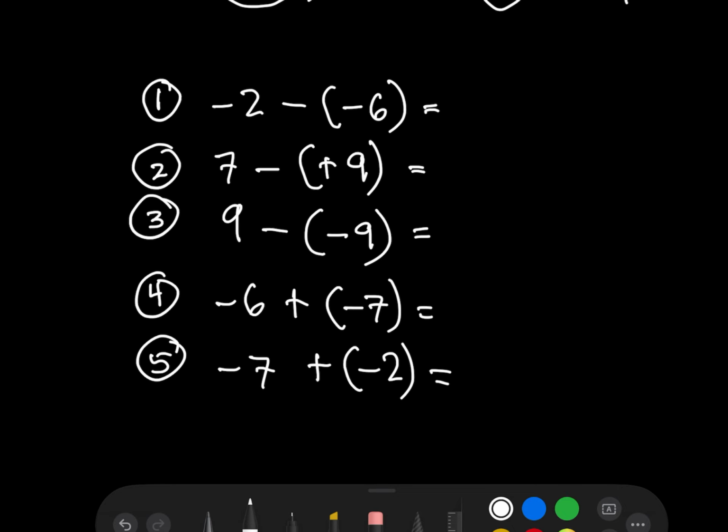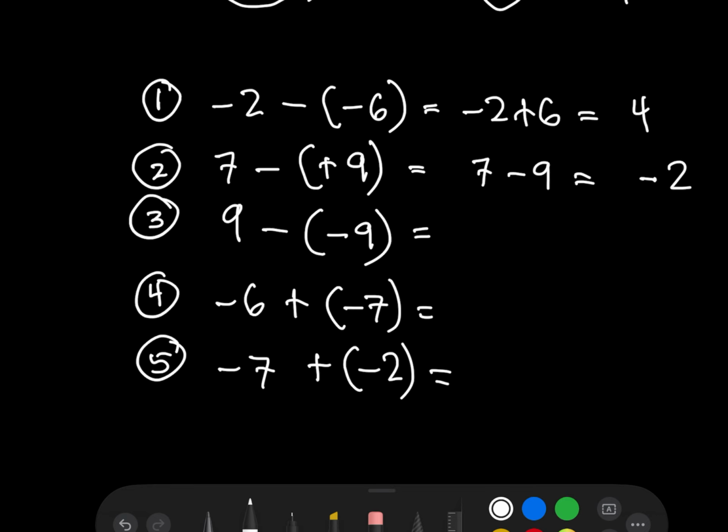Okay, let's check your answer. The first one will become negative 2 plus 6, and that is 4. Subtract the numbers, then copy the sign of the big number. Since 6 is the big one, 4 is positive. The second one will become 7 minus 9. Subtract the numbers: 9 minus 7 is 2, and then copy the sign of the big number, which is negative.